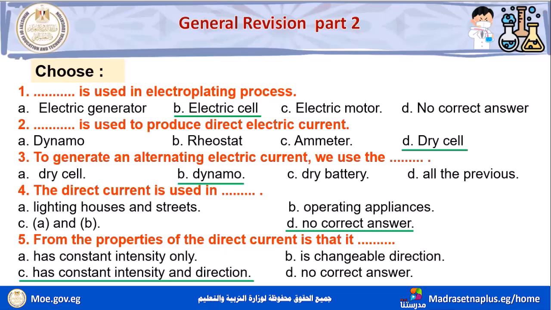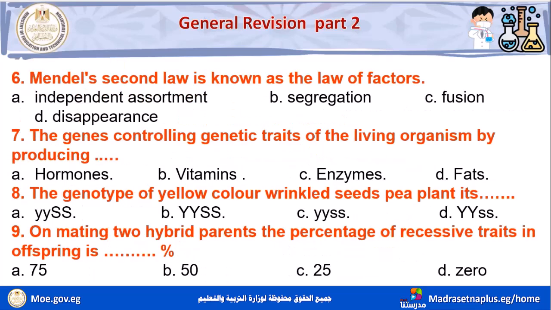From the properties of the direct current is that it has constant intensity and direction. Question number 6. Mendel's second law is known as the law of factors. Letter A, independent assortment.